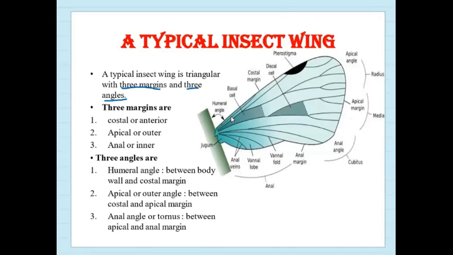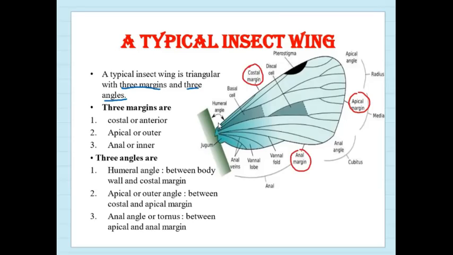This is the costal margin. First is the costal margin, second is the apical margin, third is the anal or inner margin.